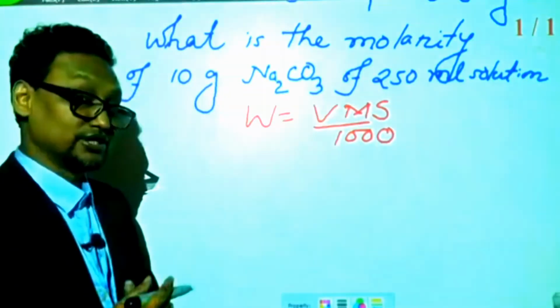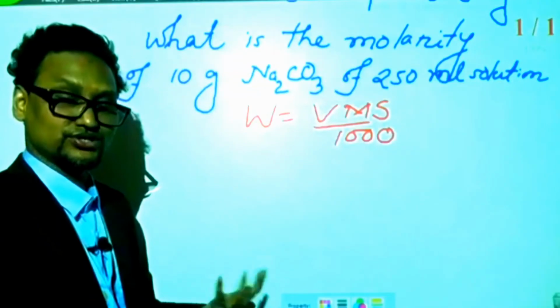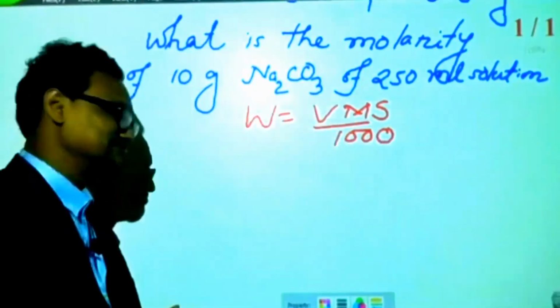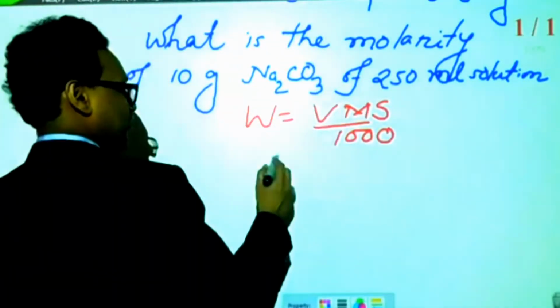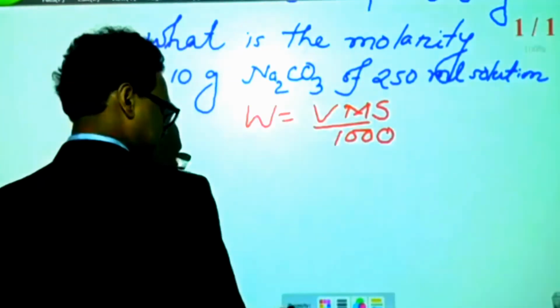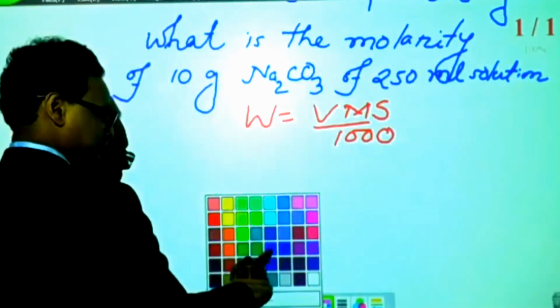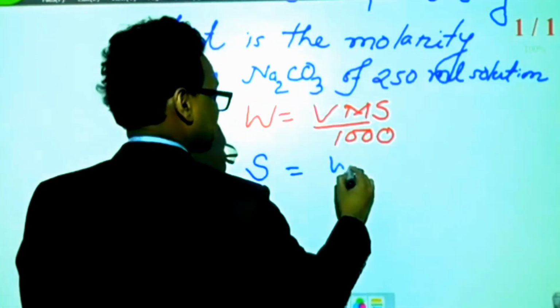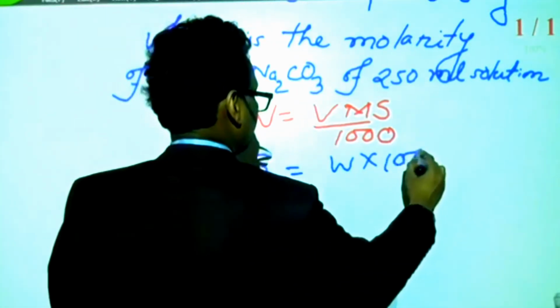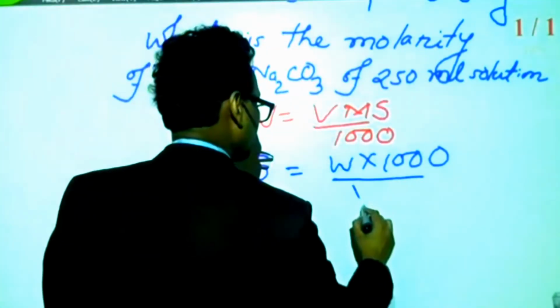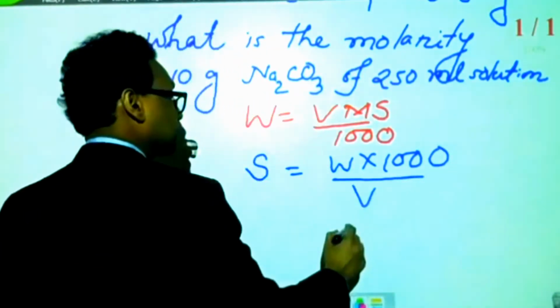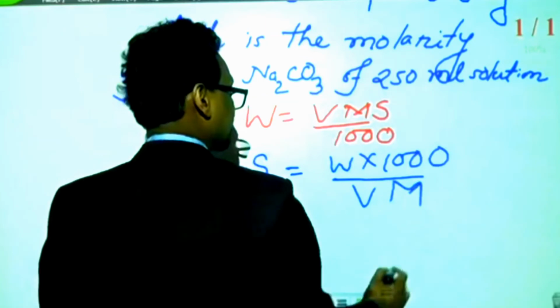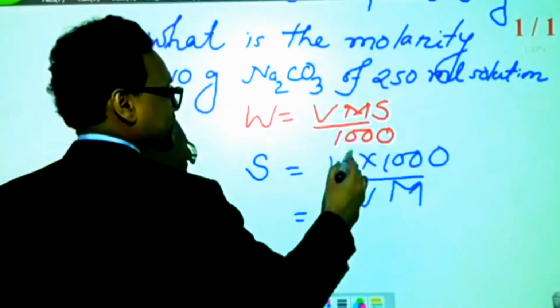I believe you have understood my technique and tricks so that you can apply in your exam. Now, cross multiplication. S will be, shortly we can write here, W into 1000 divided by VM. So putting the value, you can get the result.